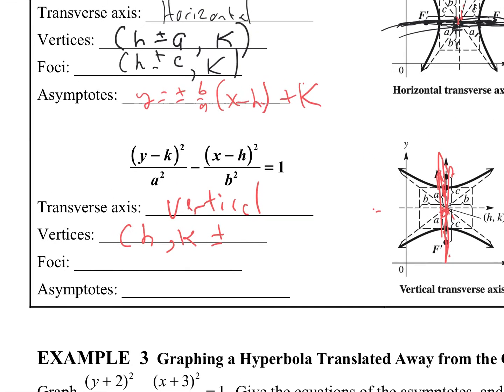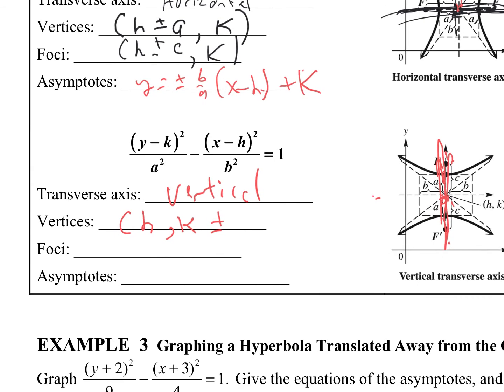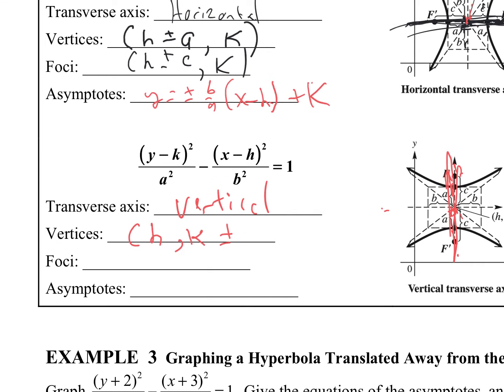So my vertices will be, H is constant, but now I go to my K plus or minus, what did I write up there? Well, is B, plus or minus B, I believe. The B number. And I think he stays consistent. Never mind.